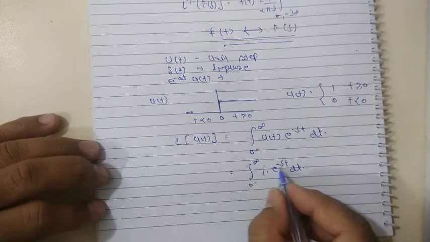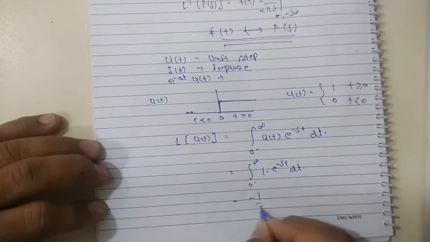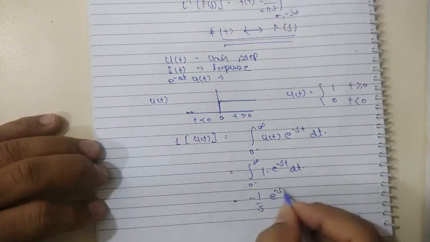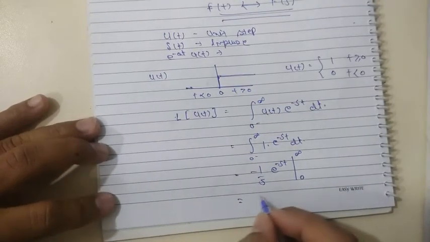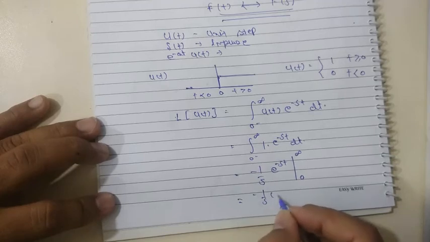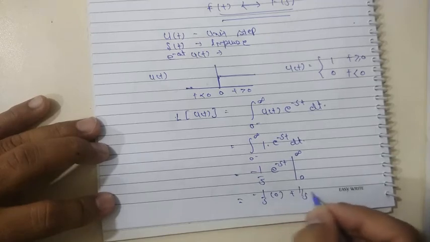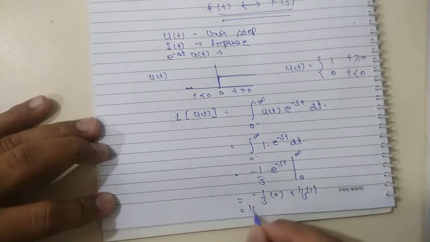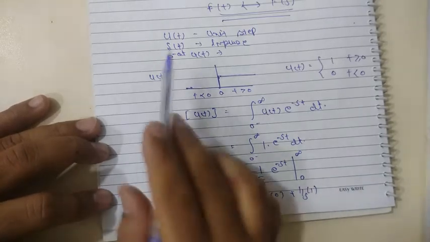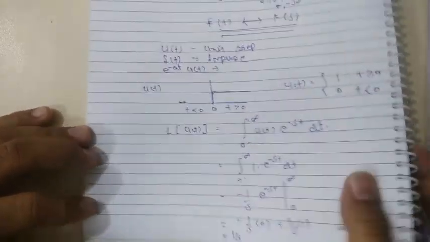The integration of e to the power minus st is equal to minus 1 upon s e to the power minus st, from 0 to infinity, or we can simply say minus 1 upon s times (0 minus 1), which is 1 upon s. So the Laplace transformation of u of t is 1 upon s.